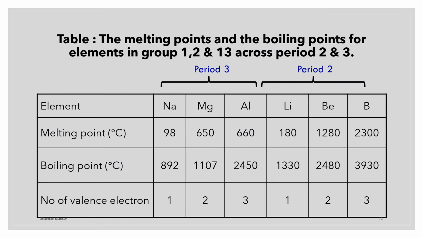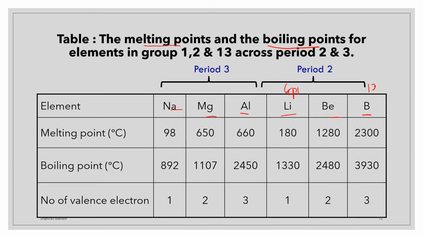From this table, you can see the value of melting points and boiling points for elements in group 1, 2 and 13 across period 2 and 3. So ini adalah elements dalam period 2. And these three adalah elements dalam period 3. So moving from lithium group 1 okay, kepada boron group 13.